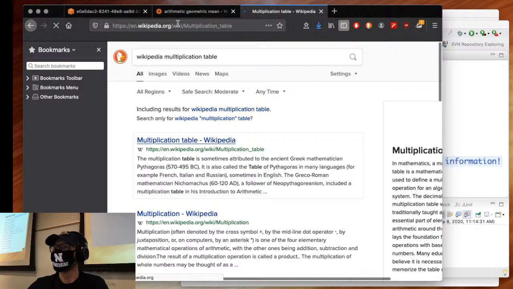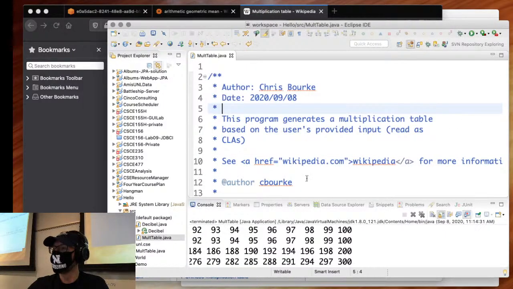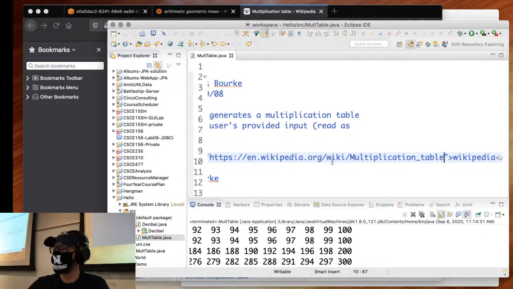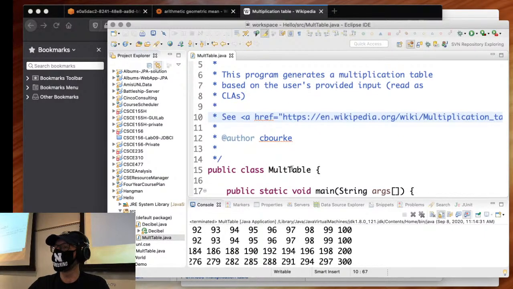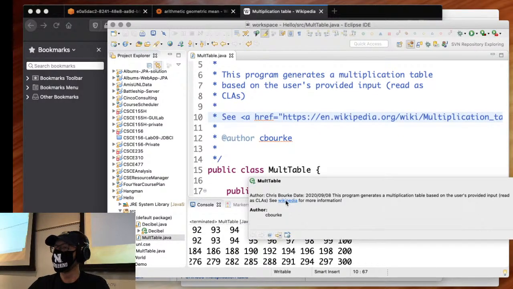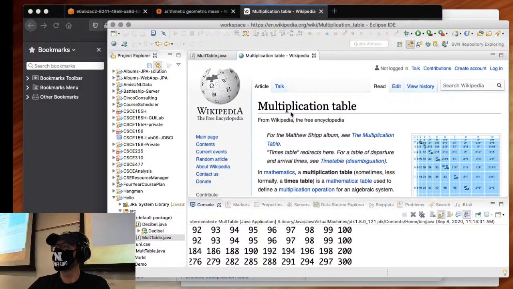Yeah, wow, okay. So I'll go ahead and link this. And when you generate documentation like this, let me go ahead and hover over this. You see that this is turned into a link. And if I click that, it'll of course take me to that link right there.